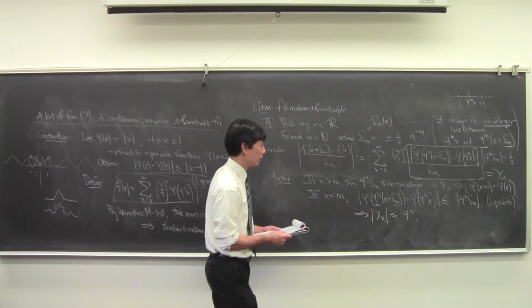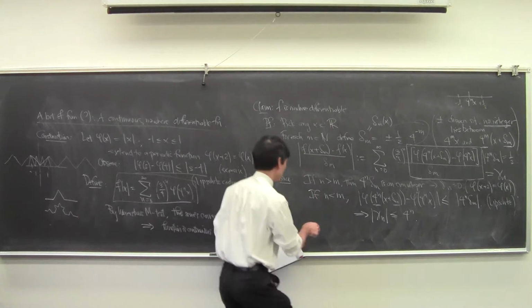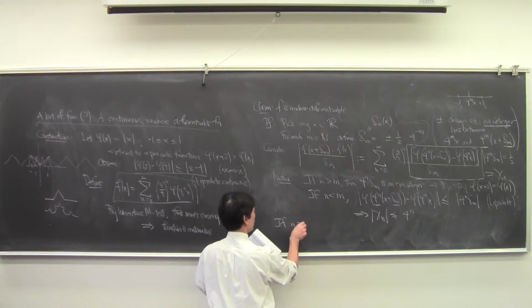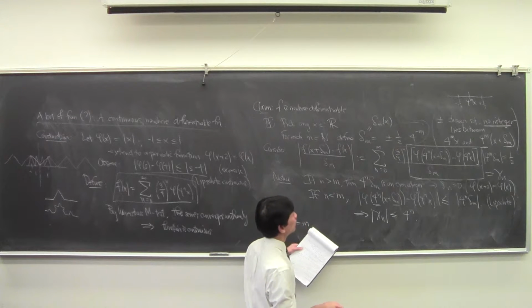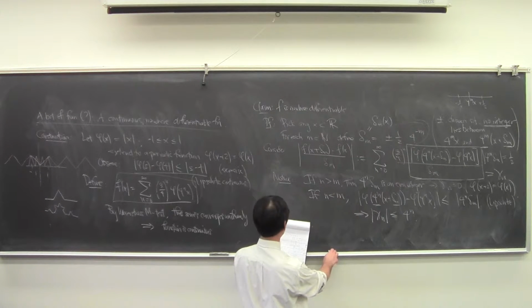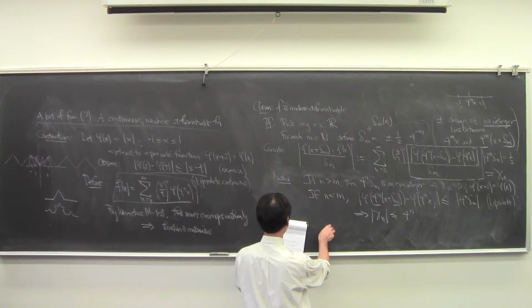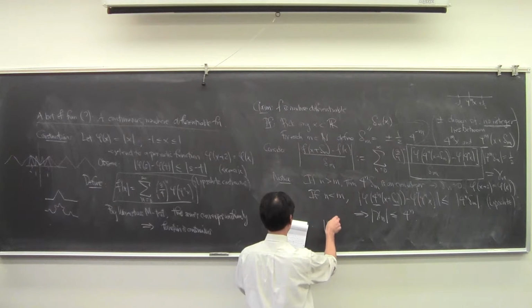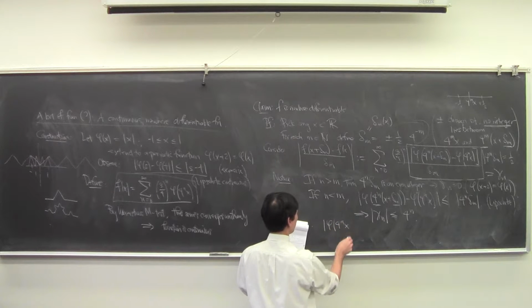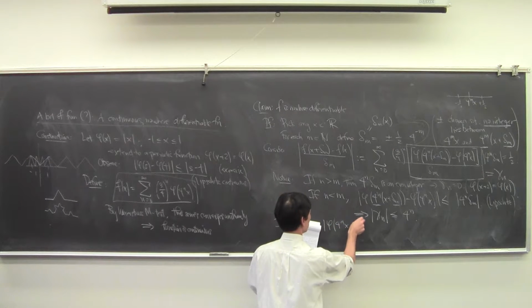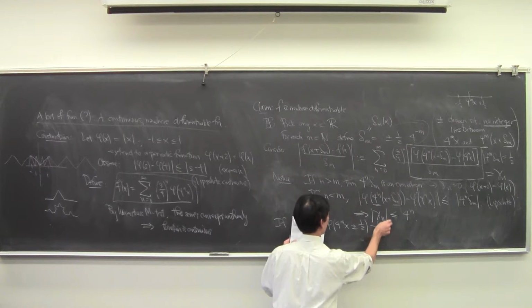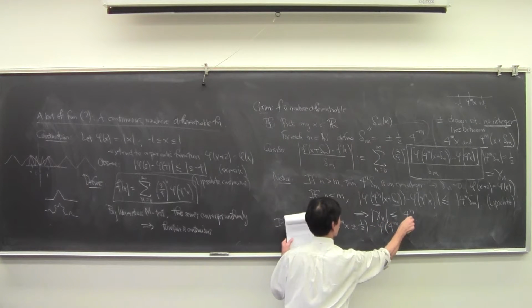Okay. Now the last one. If n equals m, in that case, what you have is phi of (4^m x plus or minus a half) minus phi of (4^m x).